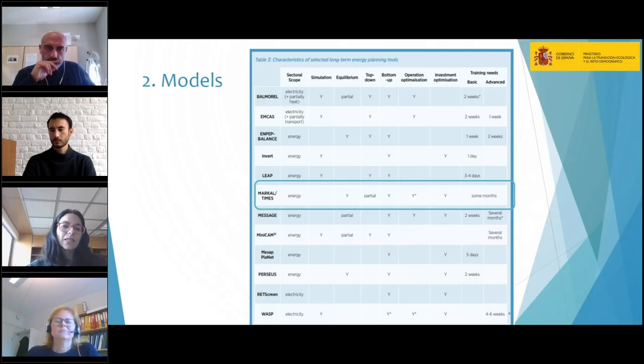So we had to select this model, which finally was TIMES. And I would like to also mention that the training need in this case is some months. So one of the big challenges for us was to be trained in the use of these energy models.